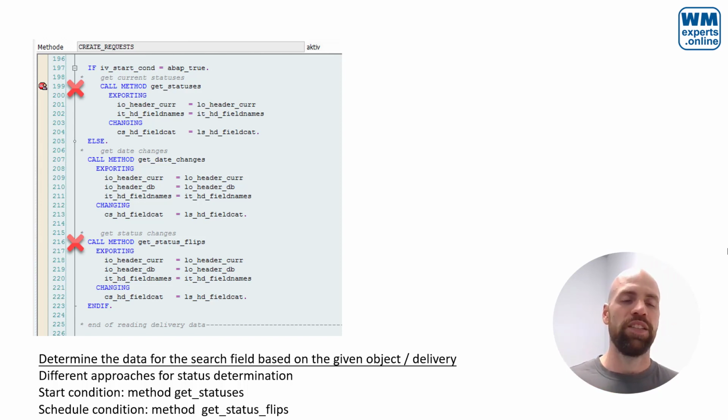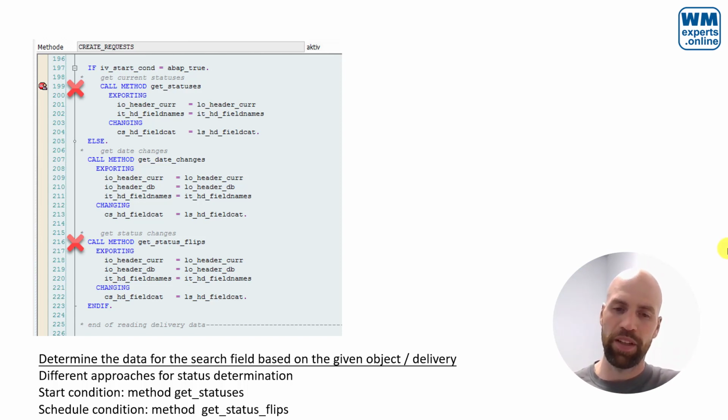There is a difference between the calculation of statuses when you take the schedule condition or the start condition. The schedule condition evaluates the statuses during runtime based on the transient data about the object, so based on the information that SAP has in the memory. And the start condition always looks at the persistent data on the database.